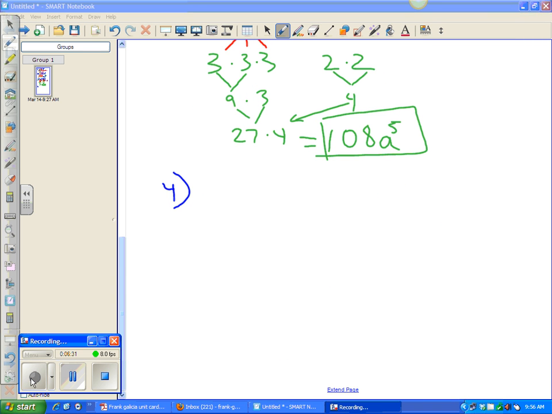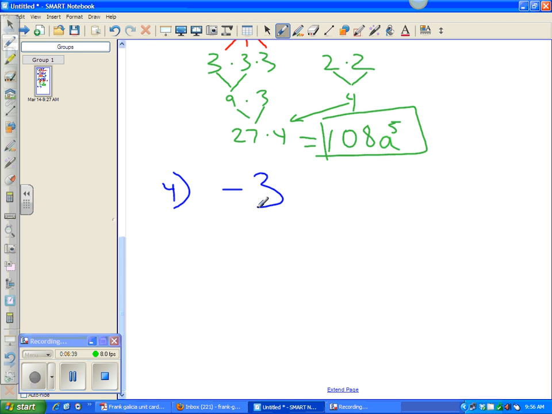Okay, let me make this more complicated for just a second, dealing with the negative. If I have negative 3 raised to the 2nd power, what this means is 3 times 3, which is equal to 9, and it's a negative 9, because the power is only related to the 3, not to the negative.